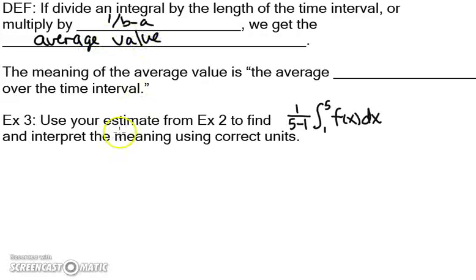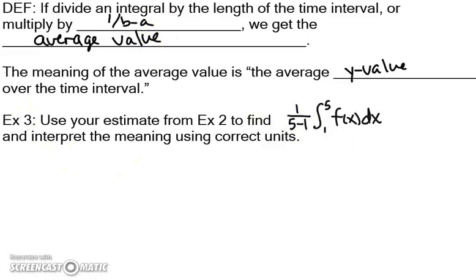So the meaning of the average value is going to be the average y value of what we're given over the time interval. So use your estimate from example 2 to find 1 over 5 minus 1 times the integral from 1 to 5 of f of x dx. Interpret the meaning using the correct units.